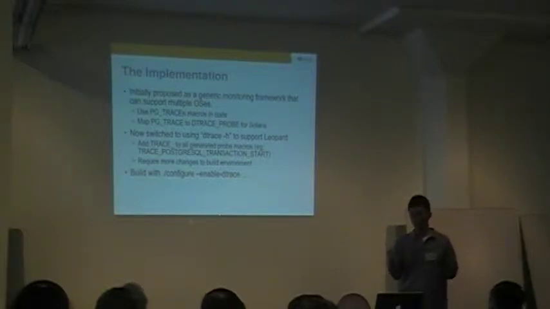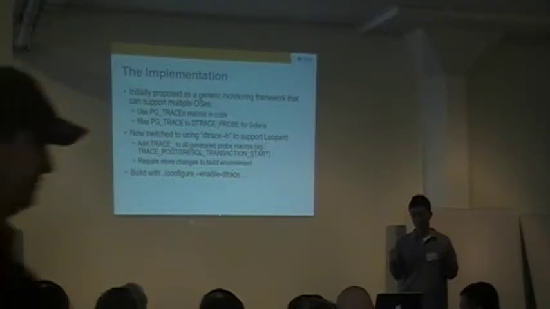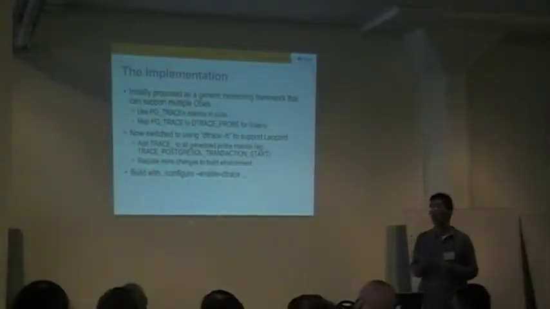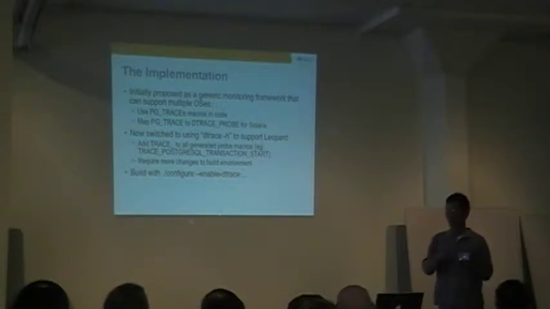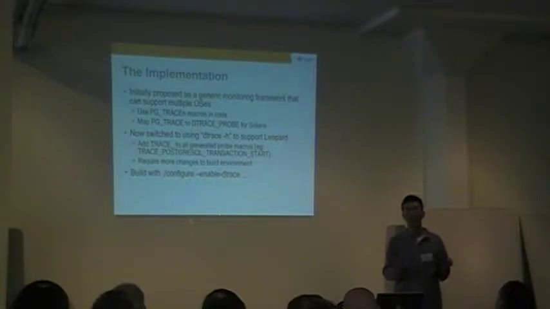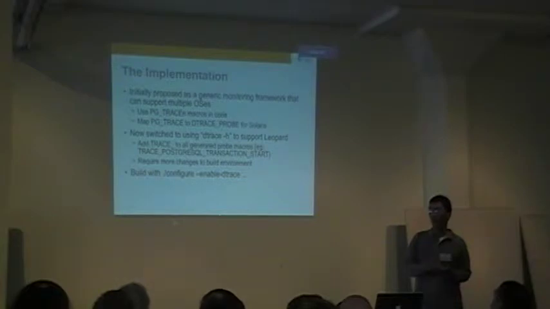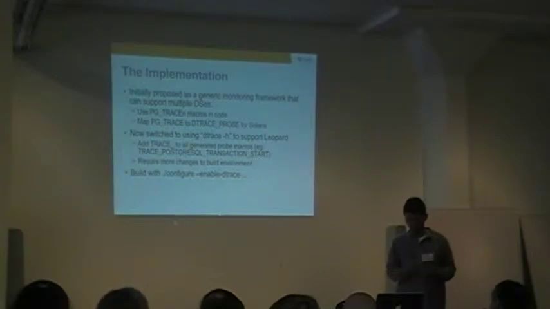And so essentially we use that, pretty much scattered throughout the code, for probes. For Solaris, we mapped it to the dtrace probe. For other operating systems, it's pretty much a null statement, a no-op. So the community felt that was a good solution, so that another operating system, if it has a similar facility, can take advantage of it.